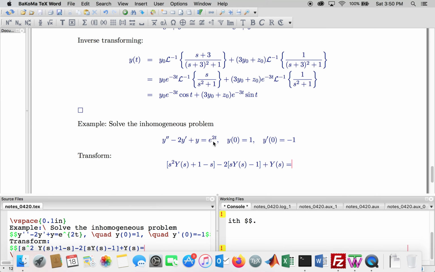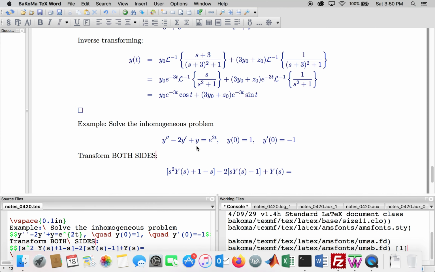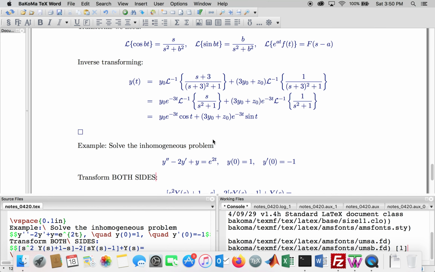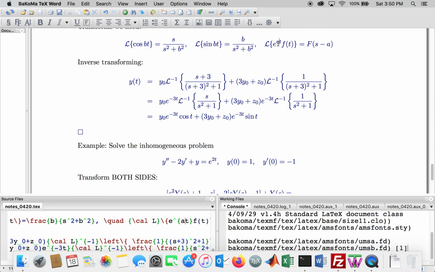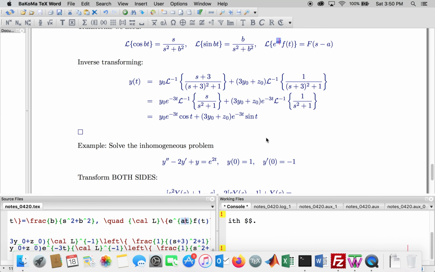So remember, transform both sides. So what's the Laplace transform of e to the at? Well, it's this formula with f of t equal to 1. You take the Laplace transform of 1 to get capital F, and that would be 1 over s. And then you shift it, so s becomes s minus a, where a is the coefficient of the exponential.